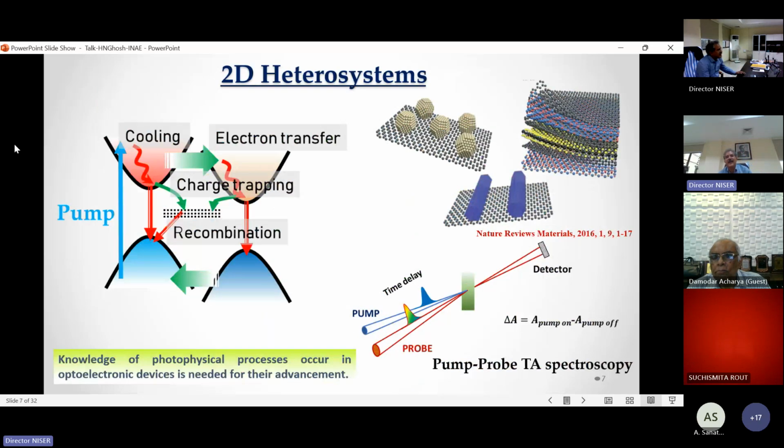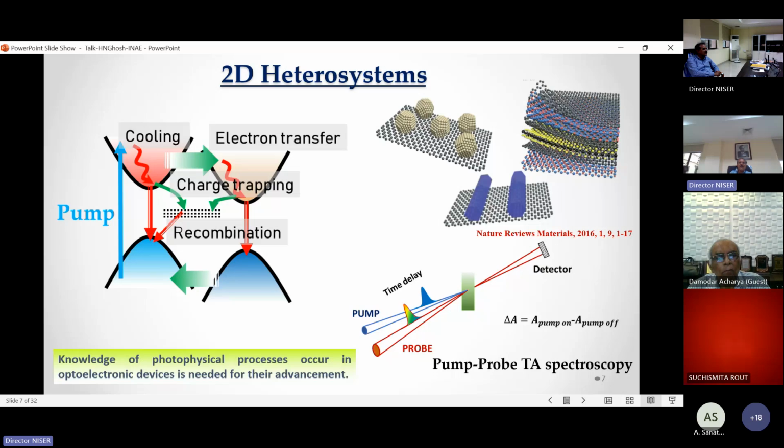So why a hetero system? If you take one 2D material and create an electron and hole, charge recombination takes place between the conduction band electron and valence band hole. Before the electron gets transferred to its destination, if they recombine, then the efficiency of the device decreases.